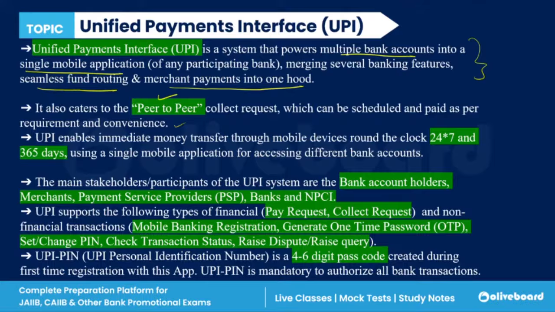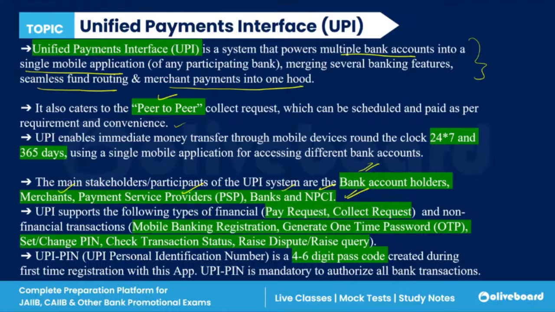Who are the main stakeholders and participants of the UPI system? These are bank account holders, merchants, payment service providers, banks, and NPCI. Now, UPI supports various types of financial and non-financial services.